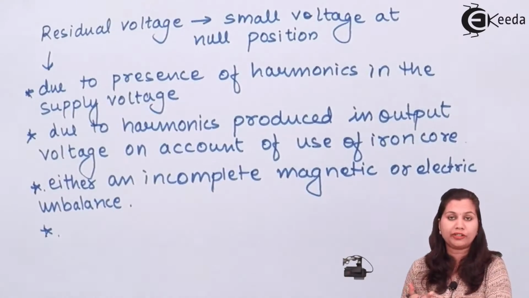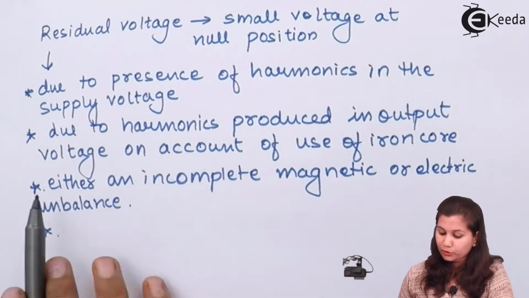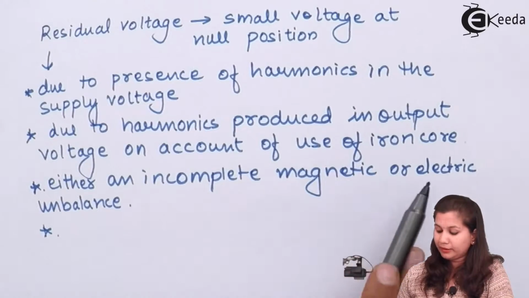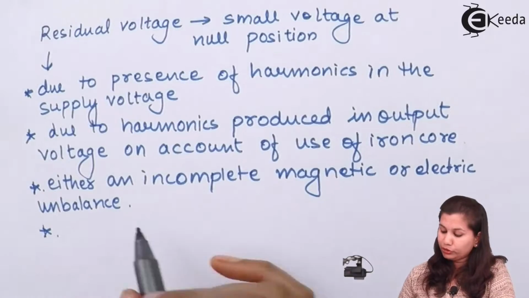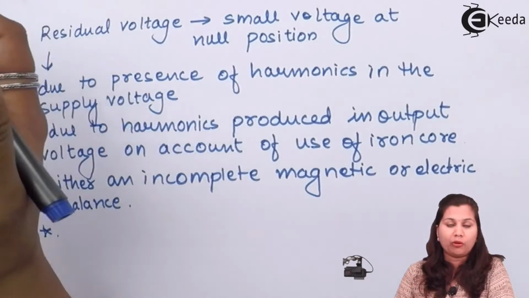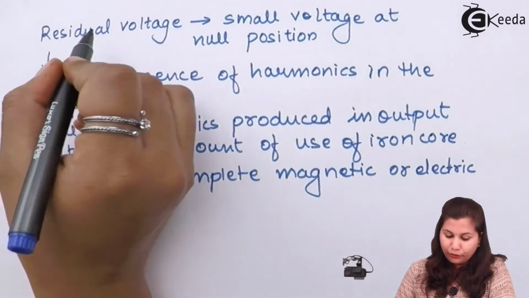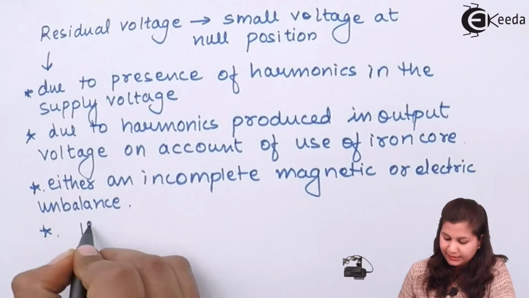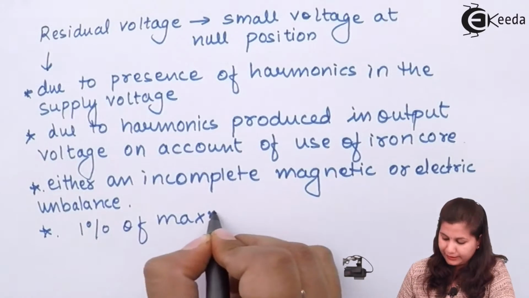Also there can be an incomplete magnetic or electrical unbalance, or both can be present, and due to that unbalance the harmonics or the residual voltage is produced. Now the magnitude of this residual voltage is less than 1% of the maximum output.